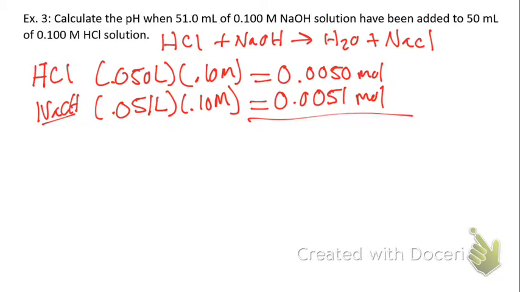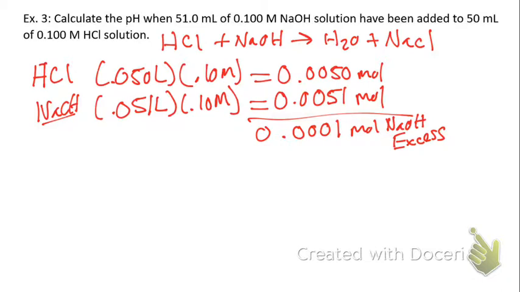So when we subtract that, we have 0.0001 moles of excess base now added to our titration. So before we didn't have enough base, and now we have more base to make it excess, right?